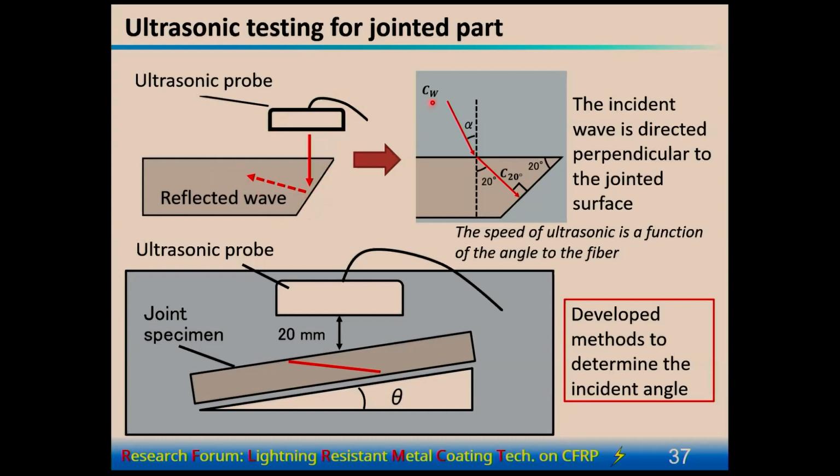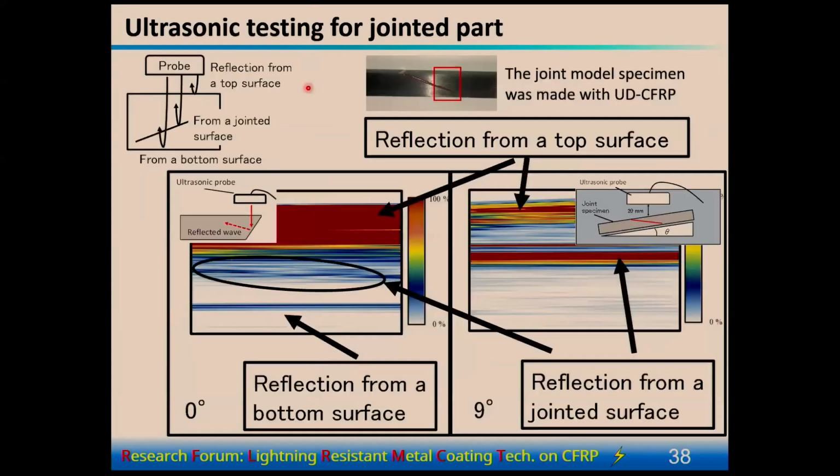Then we need to control the angle of incidence. But one difficulty is that this is CFRP, so wave velocity changes by direction. So when we decide the incident angle, we also need to consider the change in velocity by angle. So we developed a method to determine this incident angle, and we do real inspections.